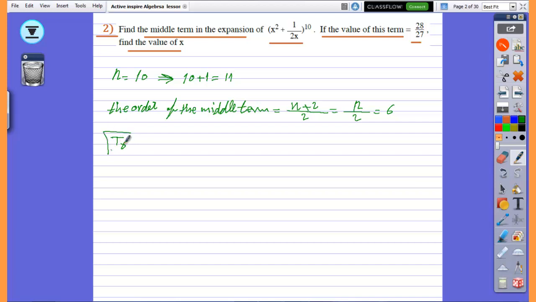Okay, now to determine this middle term, we must write the general term.